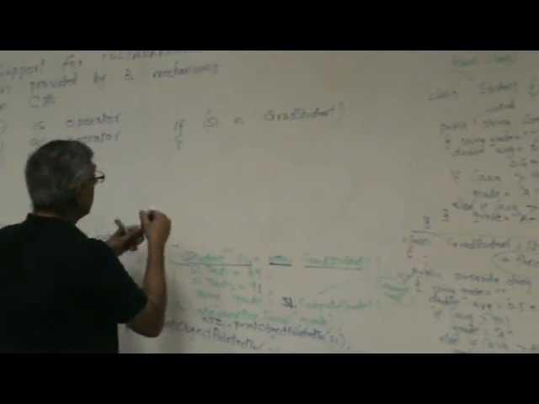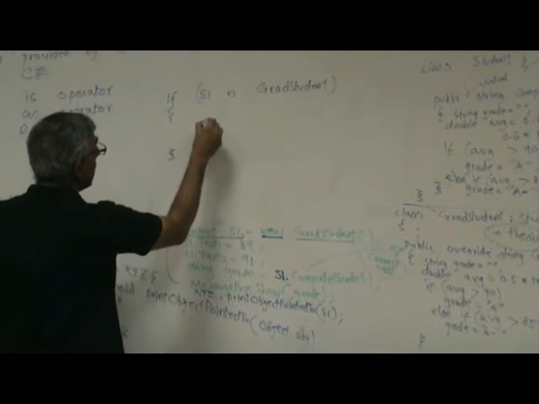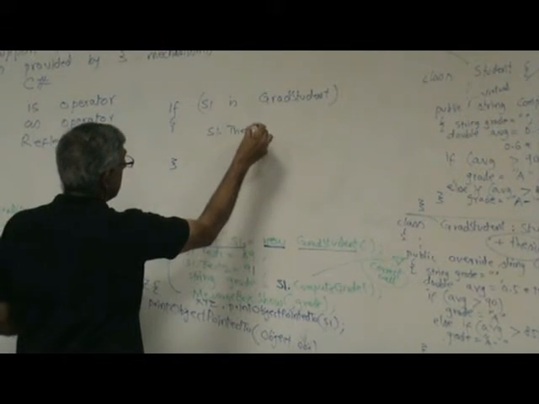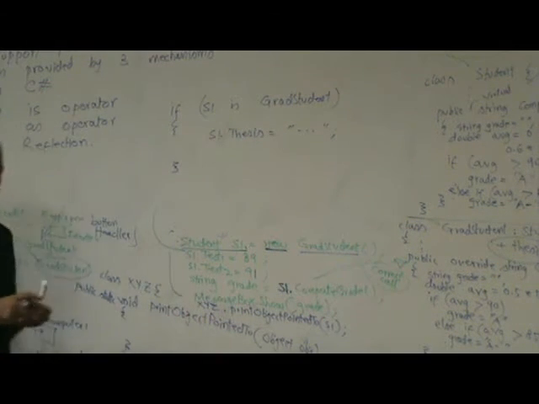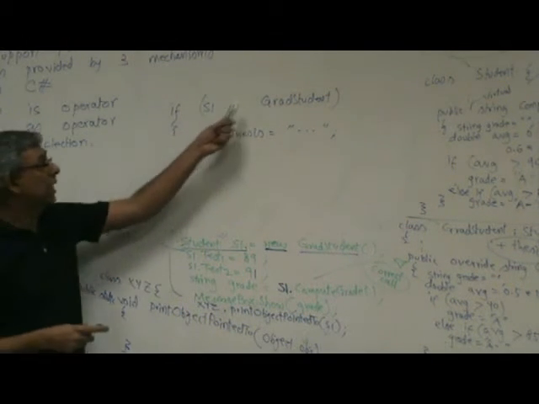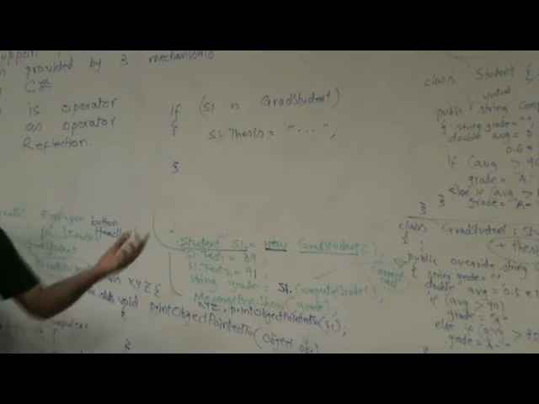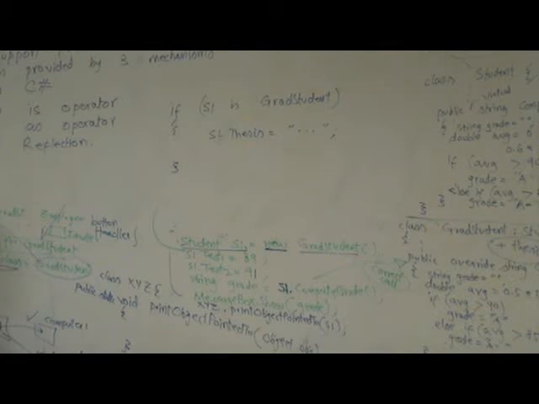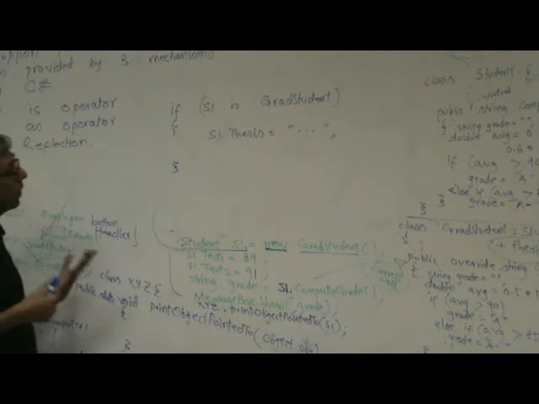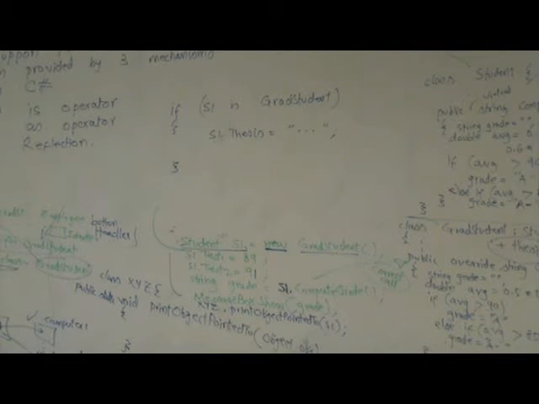The problem is we still cannot say S1.thesis equals something. Why? Even though we have verified S1 is pointing to a grad student, thesis is not a field of the Student class. So the trick in programming is to create one more reference and make it point to the same place S1 is pointing to.